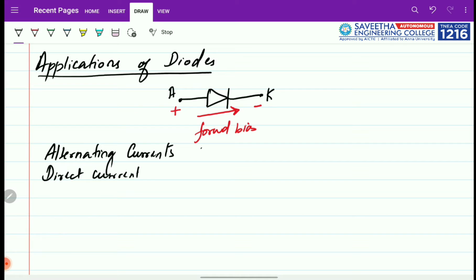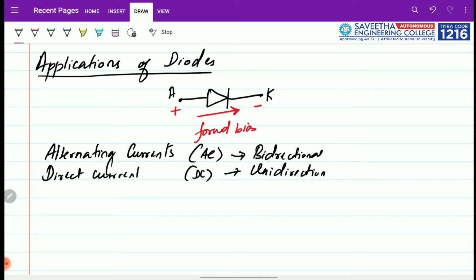Preferably we say AC circuits and DC circuits, right? The difference between AC and DC is that in AC the current is bidirectional and in DC the current is unidirectional.